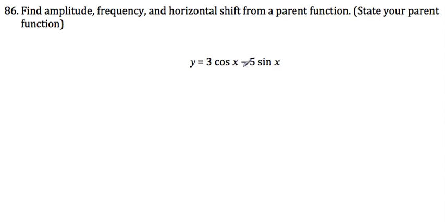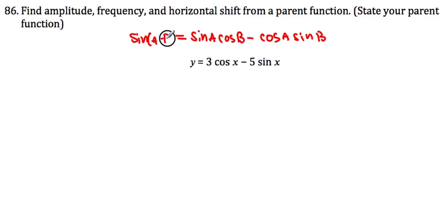There is more than one answer, but one thing you could do is compare this to sine of A cosine of B minus cosine of A sine of B. In other words, this comes from sine of A minus B, the difference of the angles for the sine function.